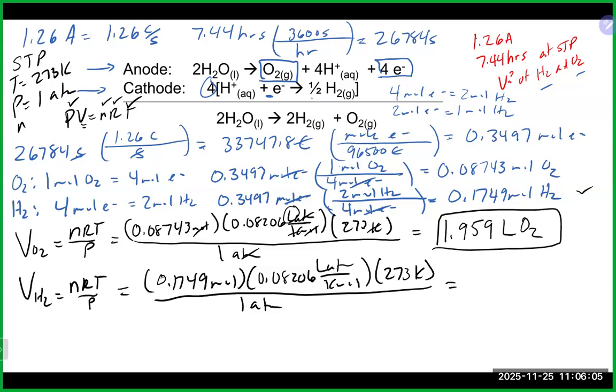And once again, we're going to be left with liters. So 0.1749 times 0.08206 times 273 going to get me 3.918 liters of hydrogen gas in this case.